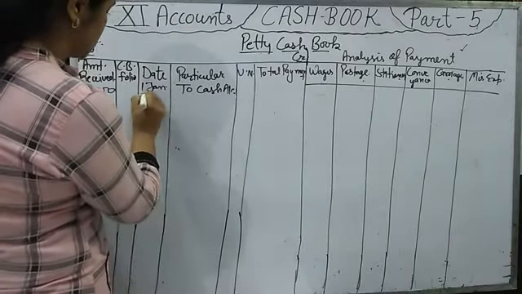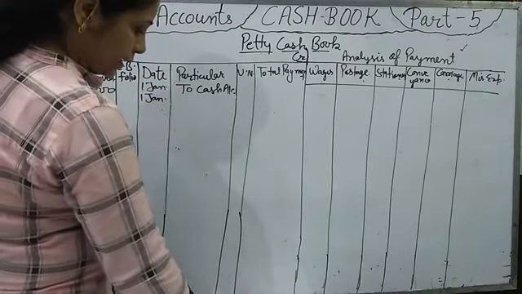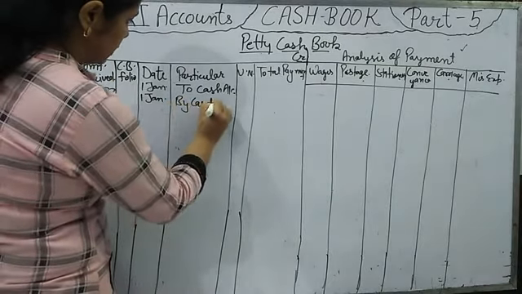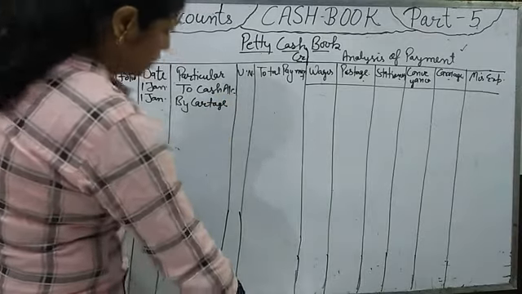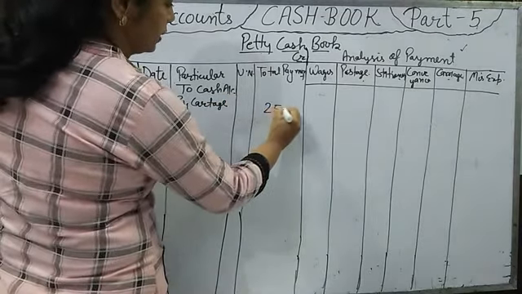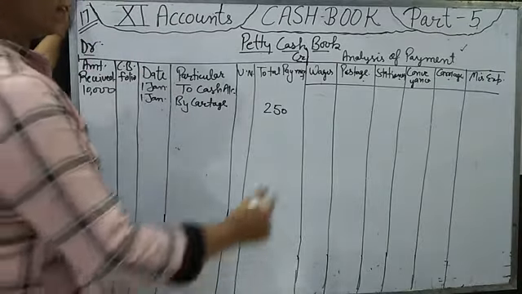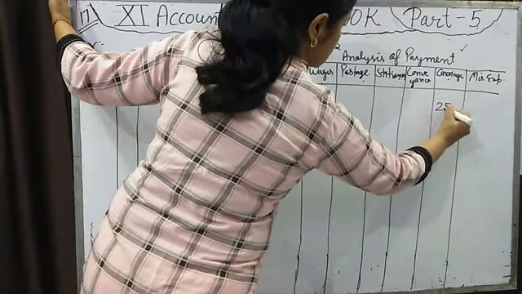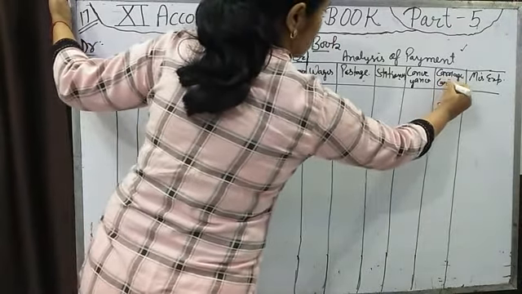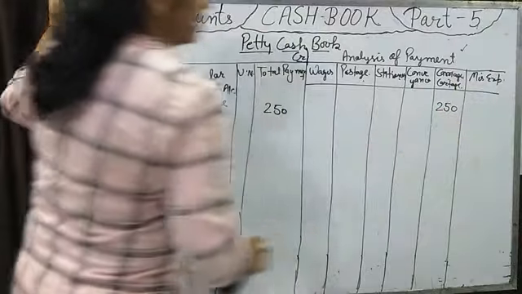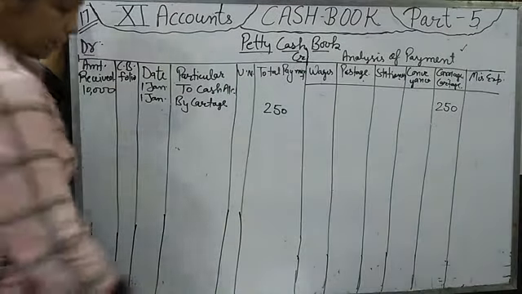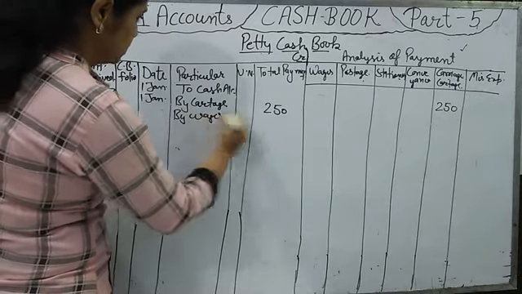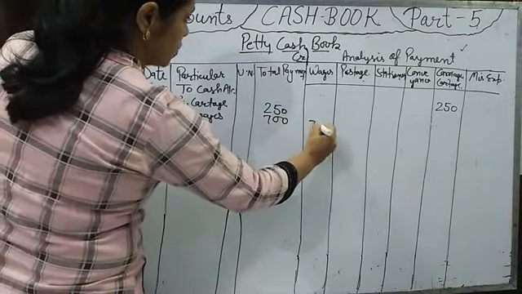On again 1st Jan we have paid cartage, then by cartage. Amount is 250. In the total payment column we will write, and in the carriage or cartage column, same thing. Then wages 700 rupees, by wages 700, in the wages column we will write.